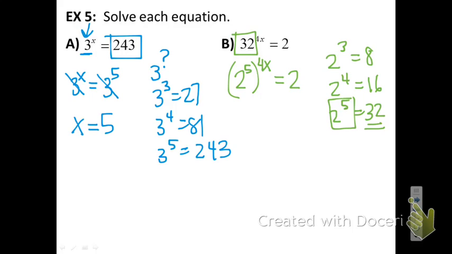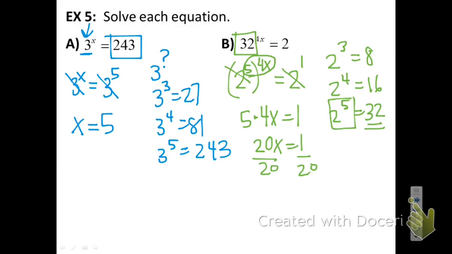And this is equal to 2. Now because this second 2 does not have an exponent, I'm going to put a 1. And at this point we can cancel our bases, and then we have 5 to the 4x. If you remember from your exponent rules, when we have exponents stacked, we multiply. So this simplifies to give you 20x equals 1, and to solve this we divide by 20. So x is 1 over 20.